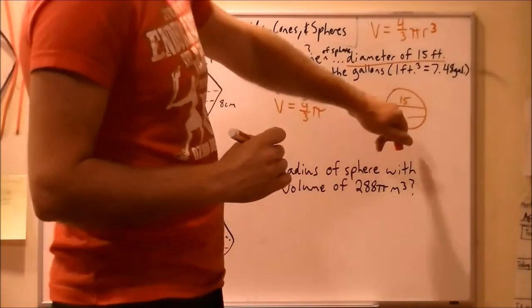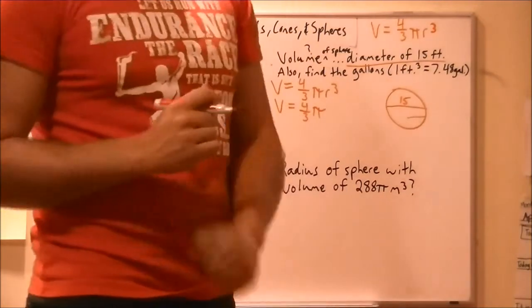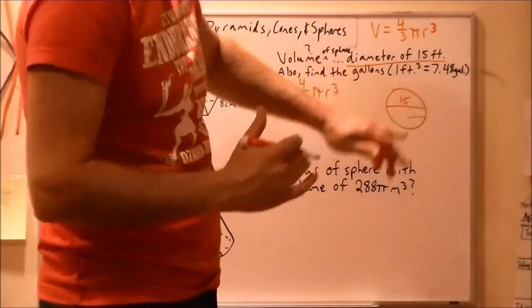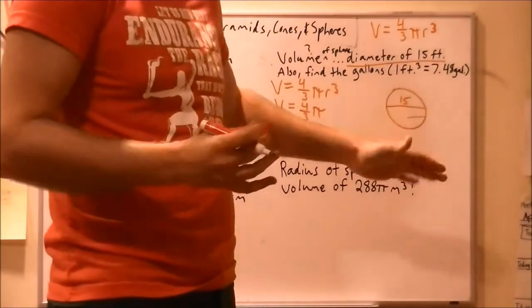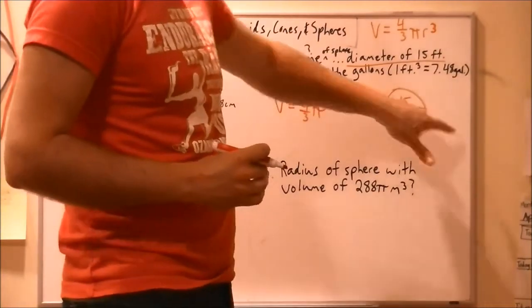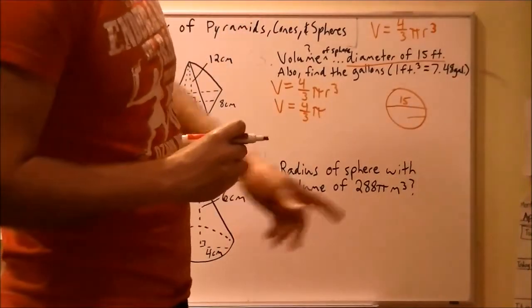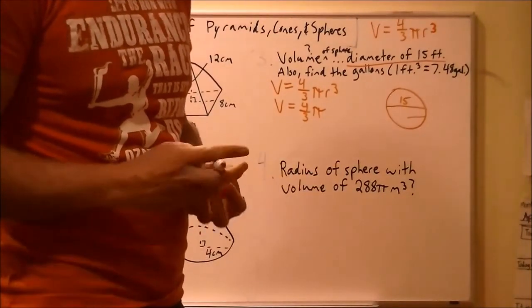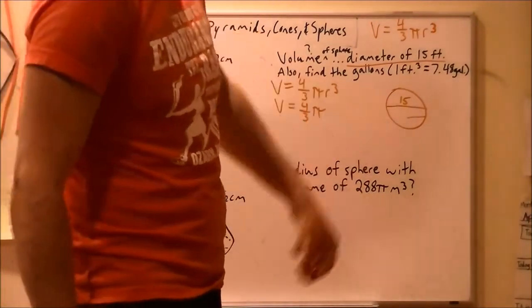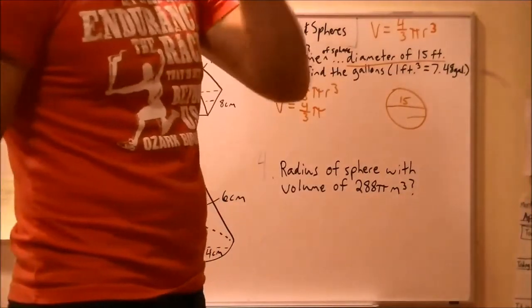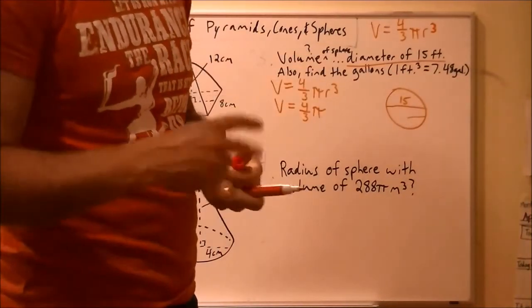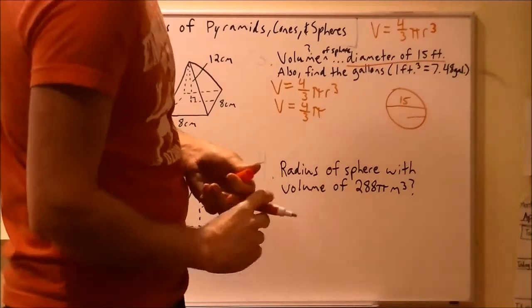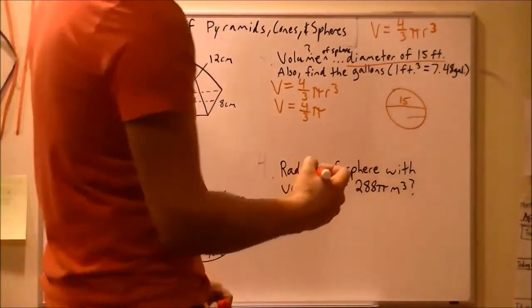If I'm given what's found all the way across the circle, 15, and it's perfectly in the middle, what's the radius, or halfway across? All I have to do is divide the diameter, the number 15 in this case, by the number 2. Cut it in half, and then you have halfway across.